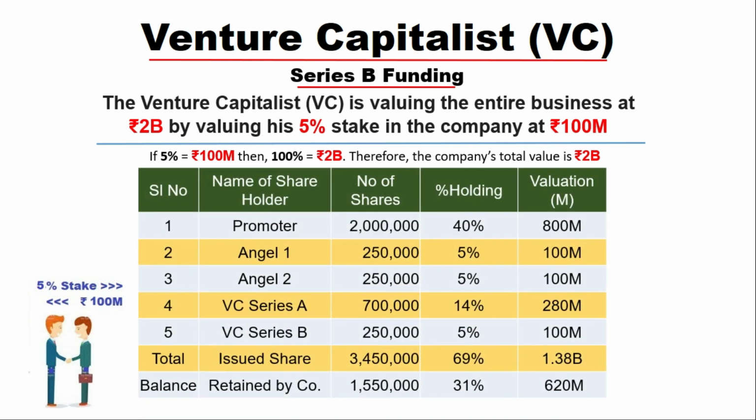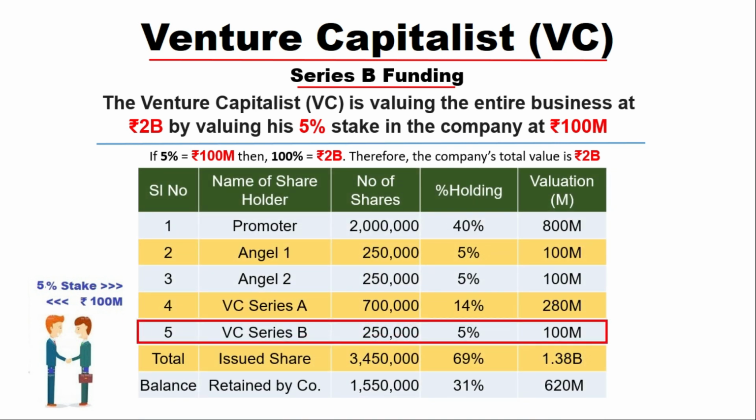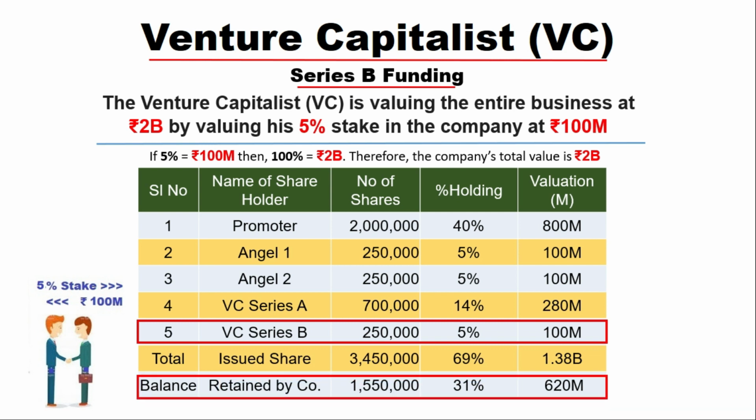Now the shareholding and valuation look something like this. The company still has 31% of shares not allotted to shareholders, which are now being valued at 620 million. Please note the wealth that has been created over the years.